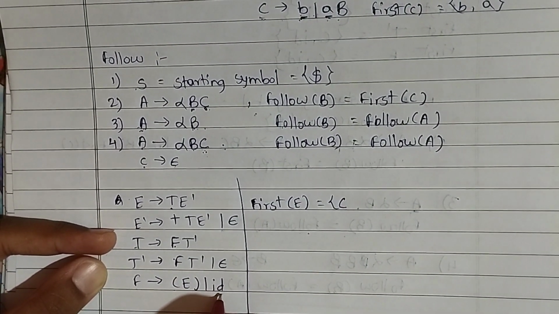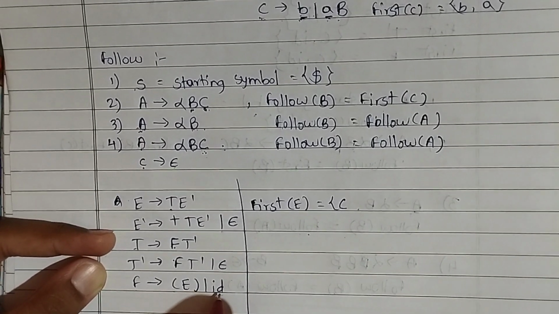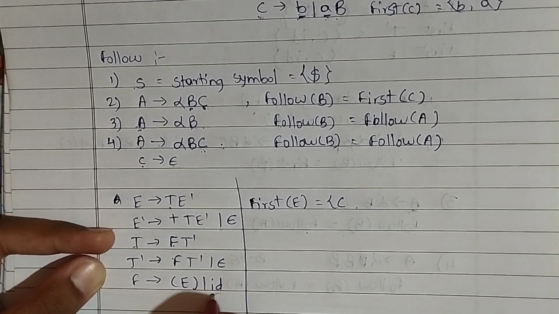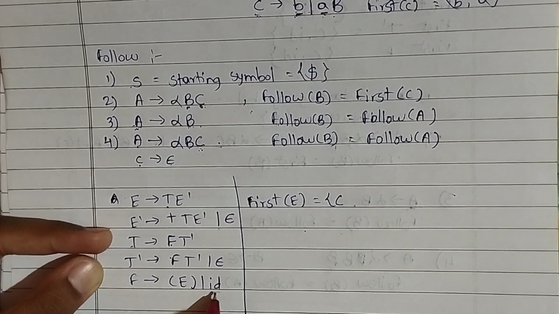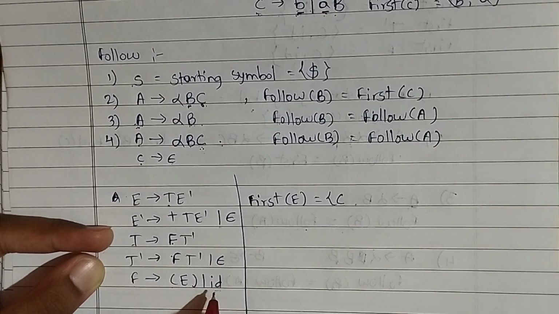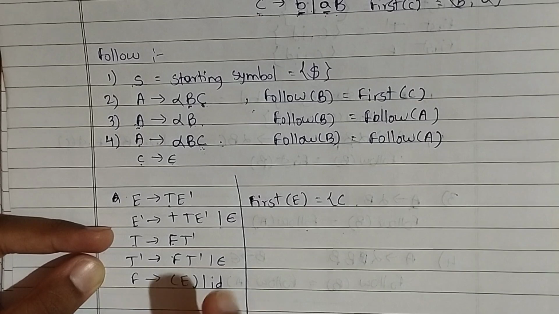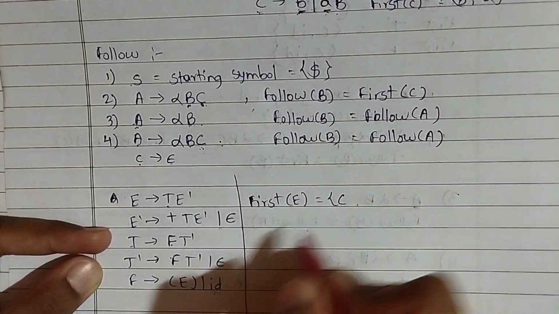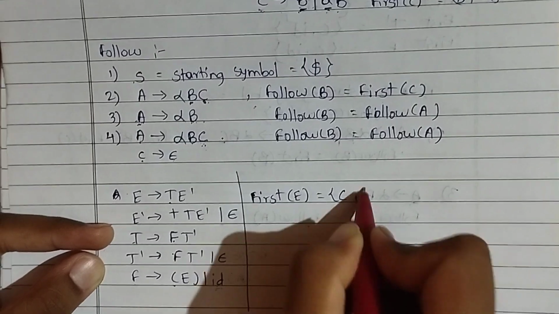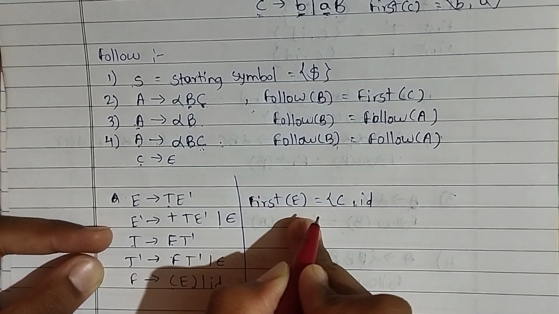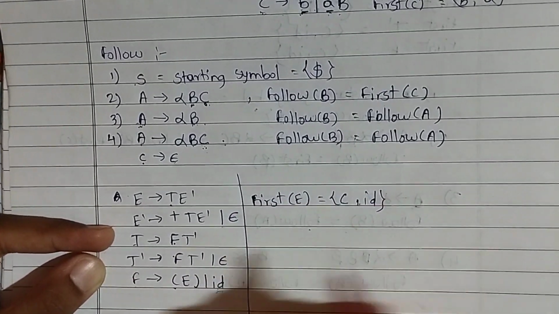This whole ID is one symbol, not I separate and D separate. ID is a special symbol, meaning ID is one symbol. So the first of F is the opening bracket and ID. So first of E is opening bracket and ID.